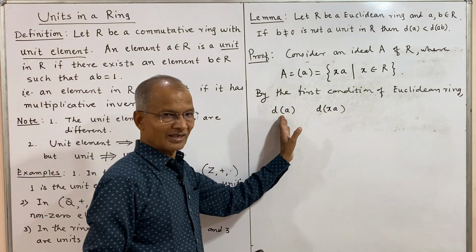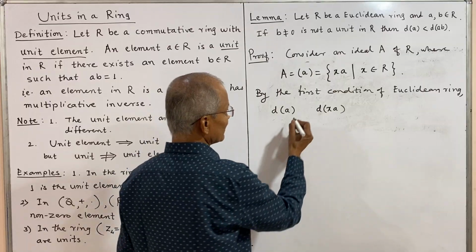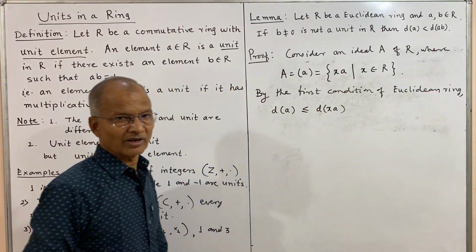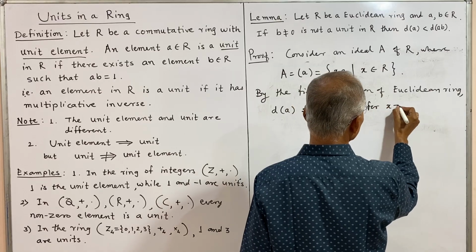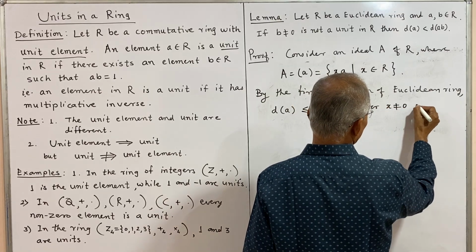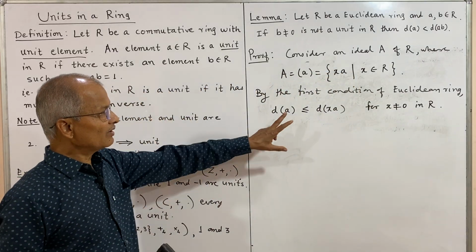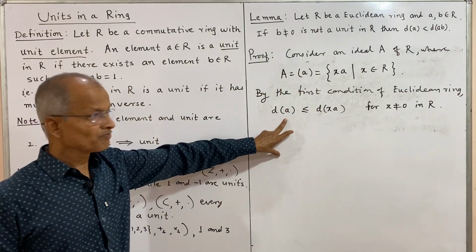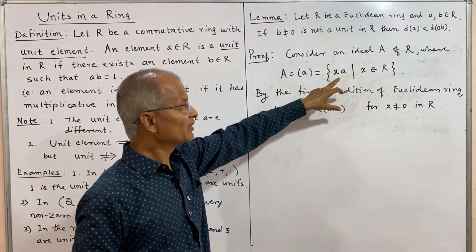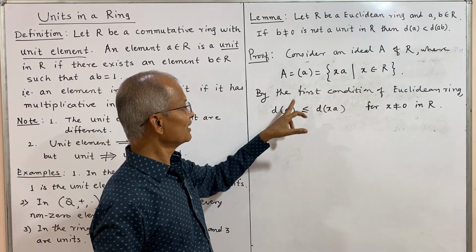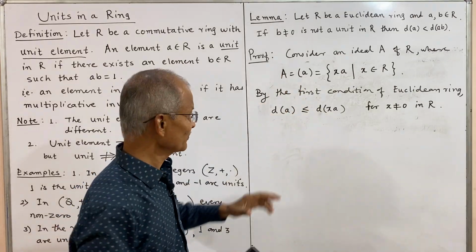The D value of A is less than or equal to the D value of A times any other element, and therefore this is less than or equal to the D value of xA, for x not equal to 0 in R. This means the D value of A is the minimum with regard to the D value of any element in the ideal A, where A is the element which generates the ideal.